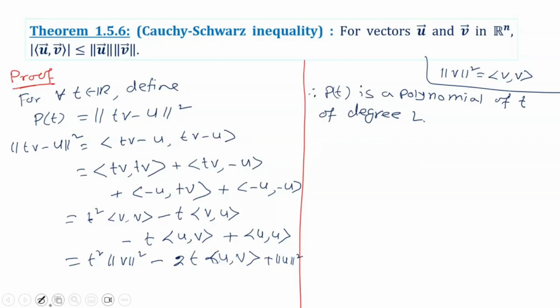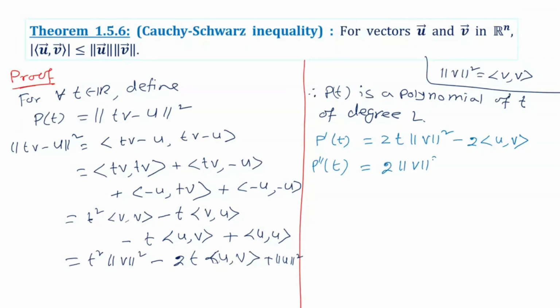So P'(t) is equal to 2t norm of V whole square minus 2 inner product ⟨U, V⟩, plus 0. Therefore P''(t) is equal to 2 norm of V whole square, which is greater than or equal to 0.